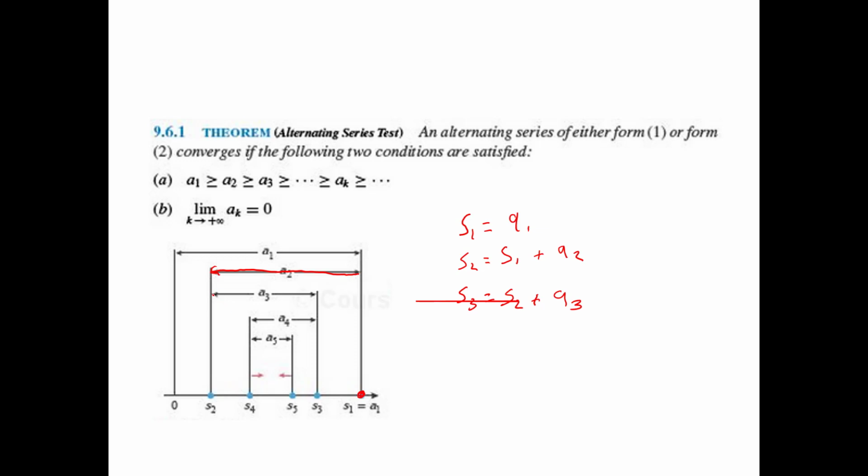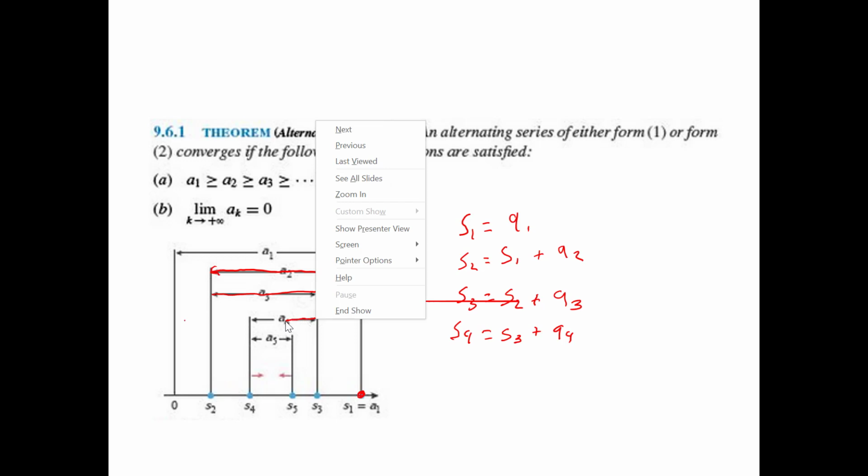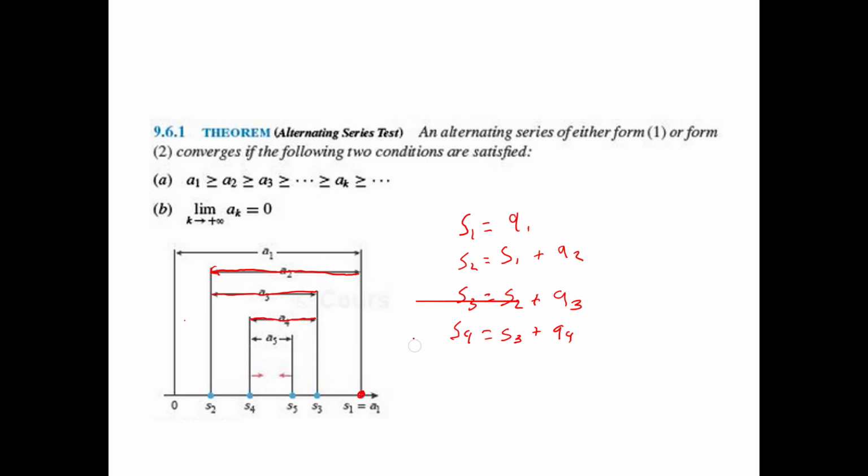And so now with A3, you're going to go to the right, but not as far as you had come back to the left. And so then S4, you're going to take S3 and add the next term, A4. Now you're moving to the right. That's why it's important that these be alternating in sign. You just keep bouncing back and forth and back and forth.